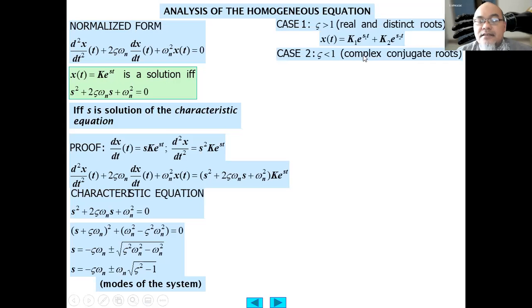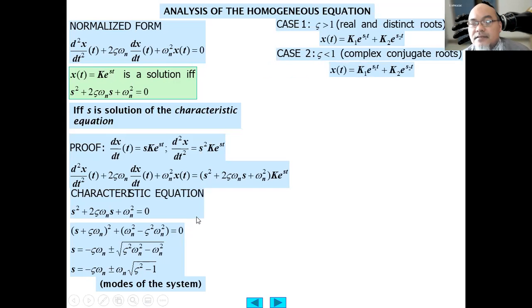Like this, x(t) then equals k1 exponent s1t plus k2 exponent s2t. Case 2 is if zeta is less than 1, which means that the value under this square root will be a complex number. So we will obtain two complex conjugate roots.